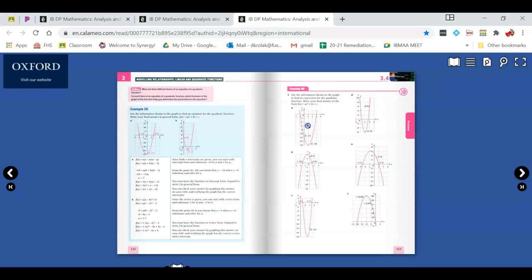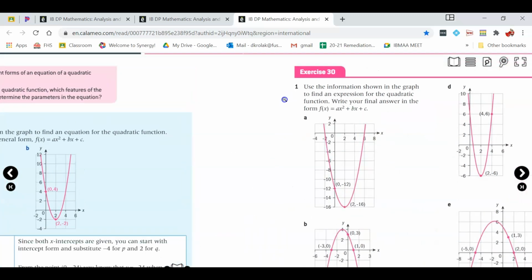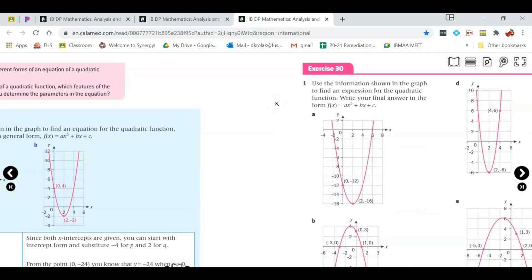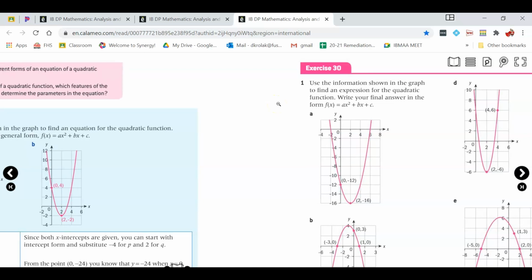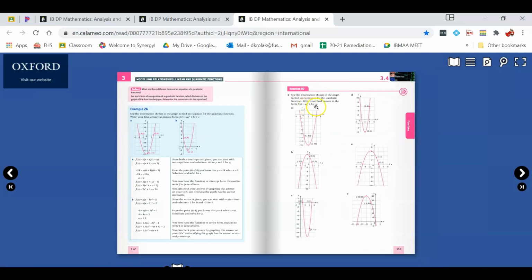So here's exercise 3.0, and that first question was asking you to take the graph in A and write the equation of the quadratic in general form. So that's general form right there.